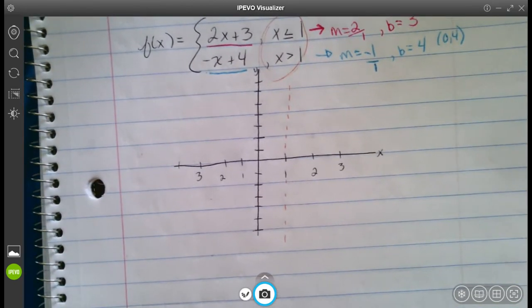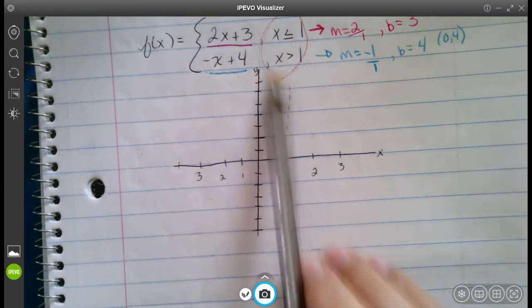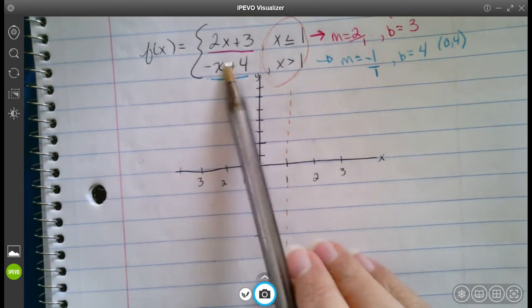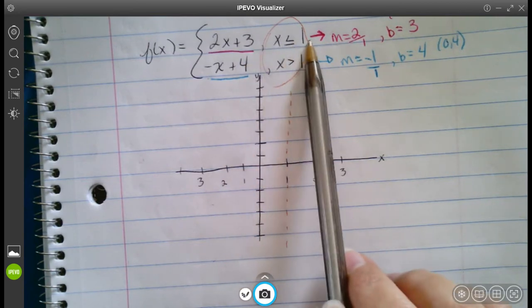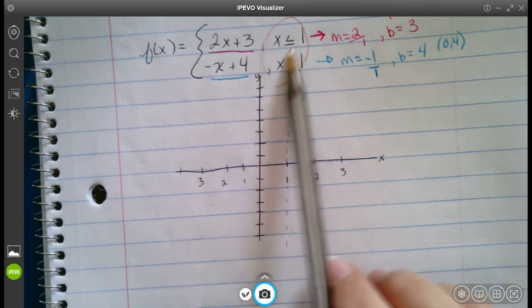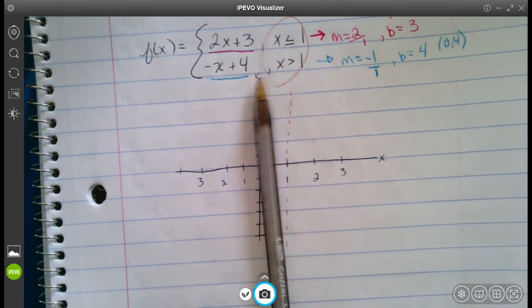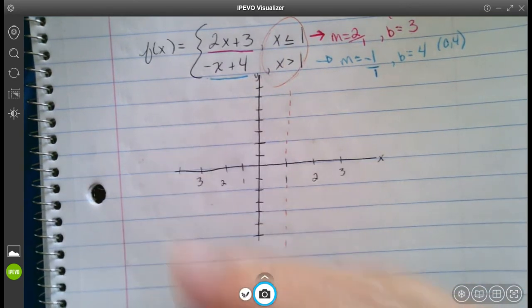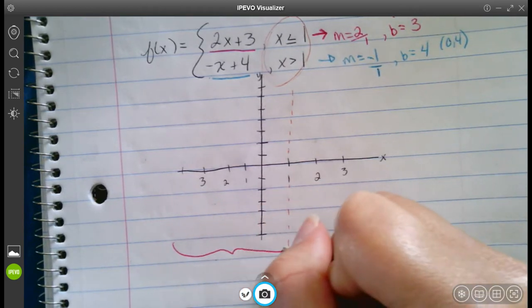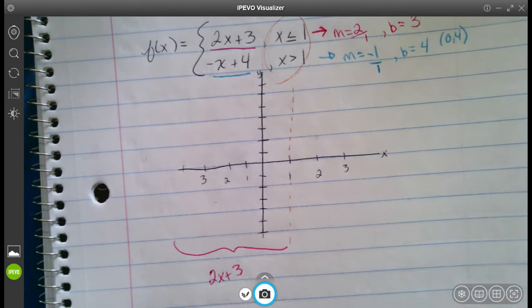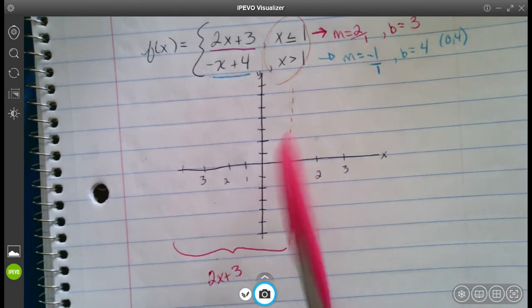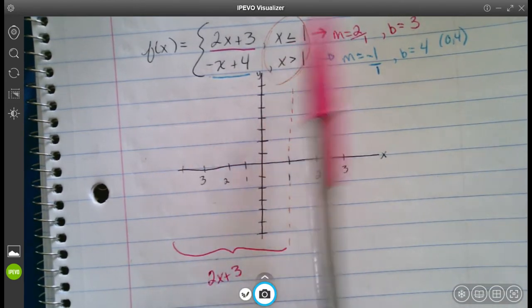Okay, so according to this information, it says that 2x plus 3 is there when x is less than or equal to 1. So x is less than or equal to 1. This means everything on the left side. So this entire piece right here is going to be 2x plus 3, because all this is less than or equal to 1.